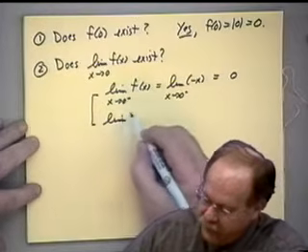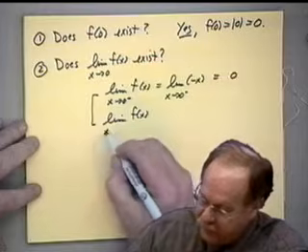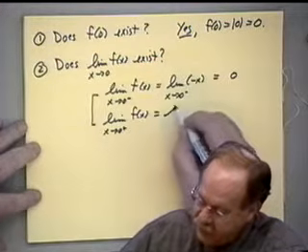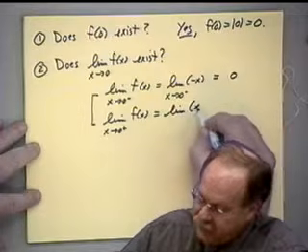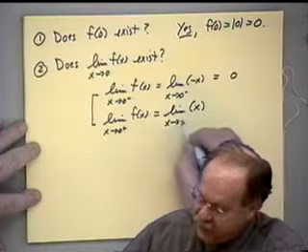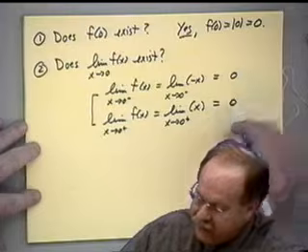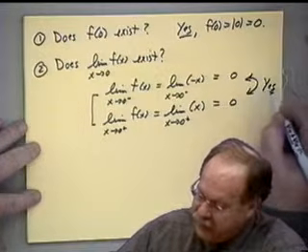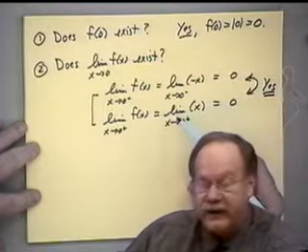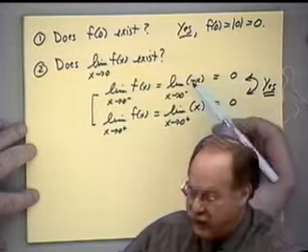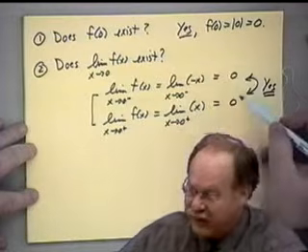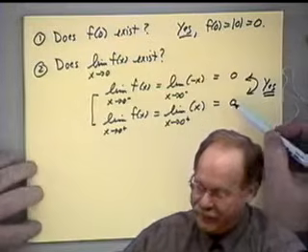And then the other one-sided limit as x approaches 0 from the right, that will be the limit of just x, because the function is just x in that direction. And again, I get 0. So the answer here is yes. The two one-sided limits exist, therefore the two-sided limit exists, because these two one-sided limits are the same.